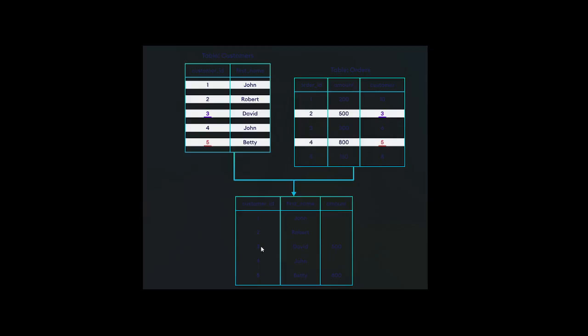And we get entries for 3 and 5 because 3 and 5 are present in the orders table, right? So the entries which are null, these are the people who have not made any kind of transactions. I hope that makes sense, because if it's null, it means that they have not made any purchases at all, right?